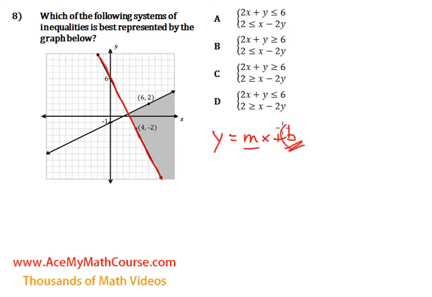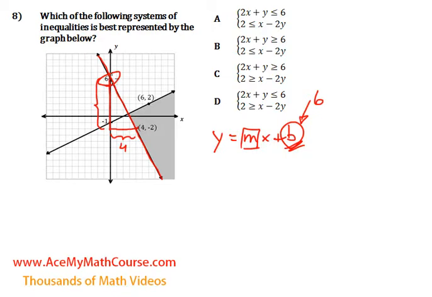In this case, the y-intercept, which is b, will be 6, because that's where the line intersects the y-axis. And the slope, m, is just the rise over the run. The run, the horizontal distance traveled, is just 4, from 0 over to 4. What about the rise?